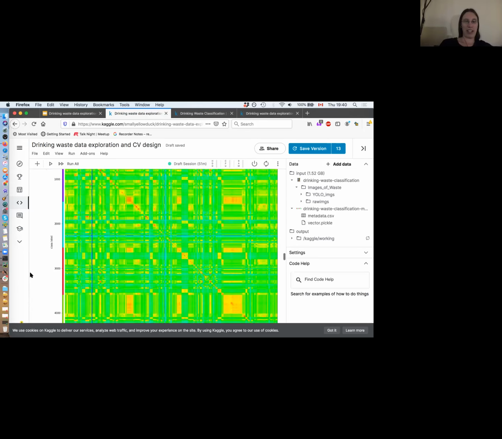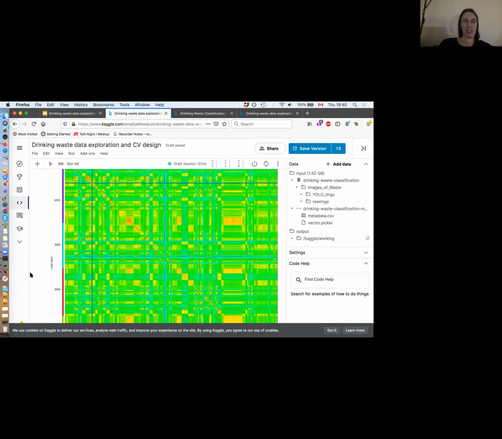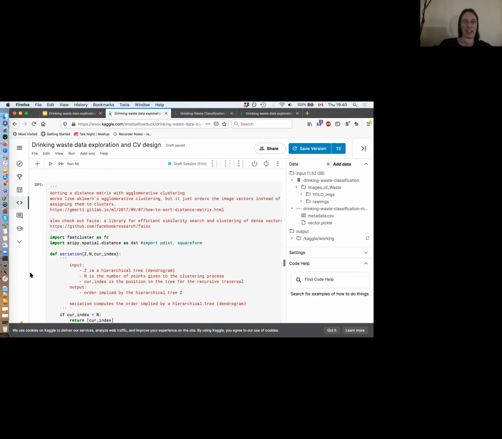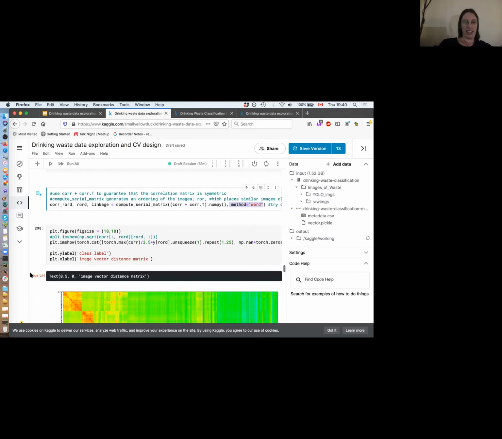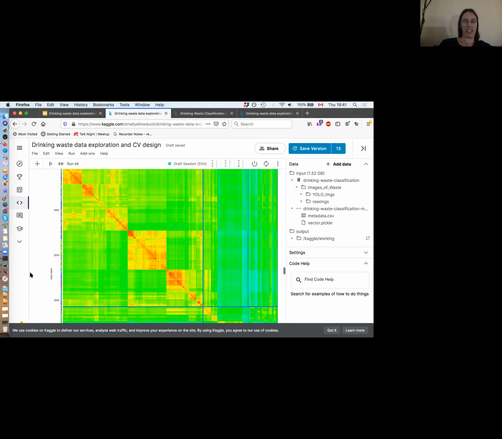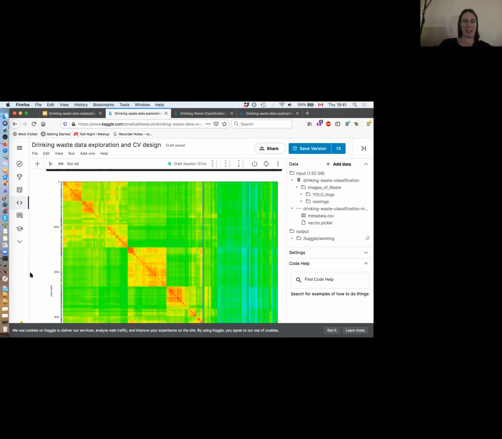So what I'm going to do is I'll just show you a flashback here to the original data, ordered by the file name. And you can see there's already clumps, but let's go down here and look at the image data ordered by fastcluster. And look at this. Fastcluster really knows how to find clusters, because now it's grouped together a bunch of images that are all similar.